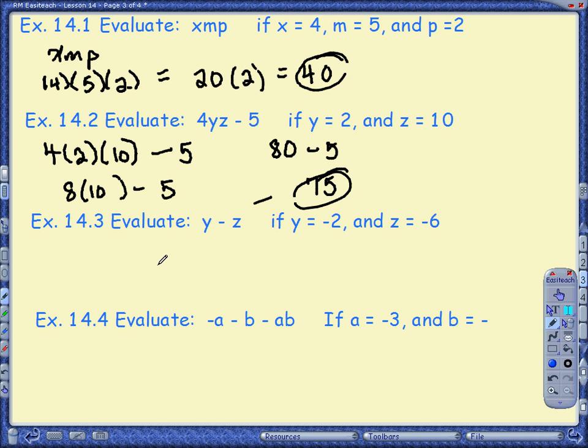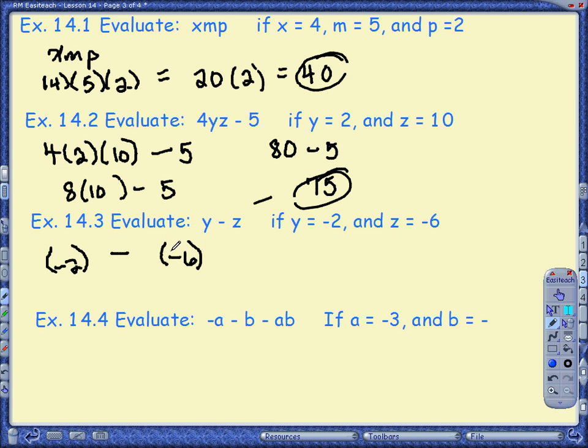Now we have the expression y minus z, and y is equal to negative 2, and z is equal to negative 6. We make a parenthesis for the y, put our minus sign in, and make another parentheses for the z. And we put in here -2, the value of y, and here -6.